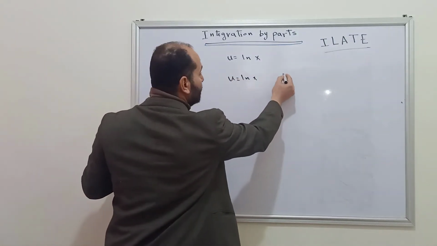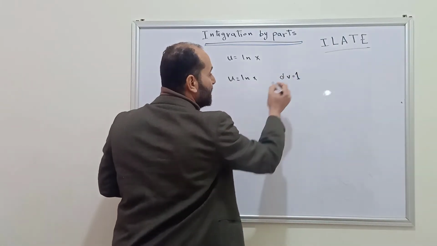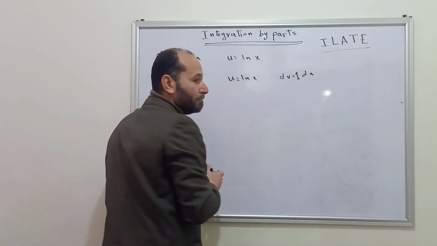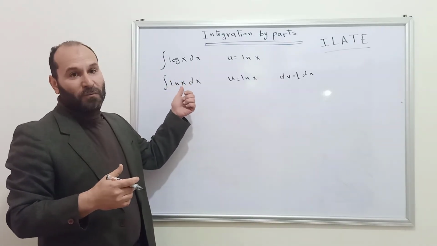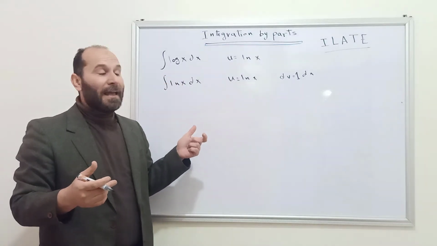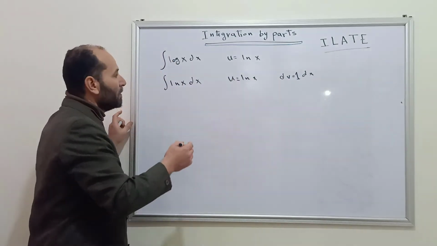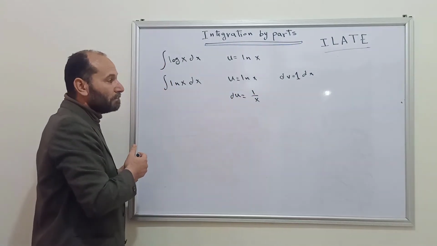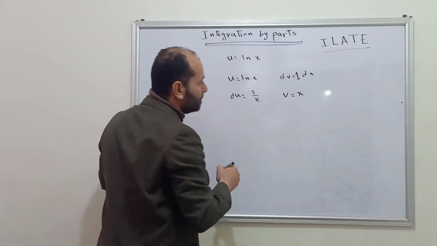And what is dv? dv here is unity, we make dv equal 1 dx. So the first function we take is ln, log or inverse trigonometric function, and the second is unity. So du equals 1 over x and v equals x.